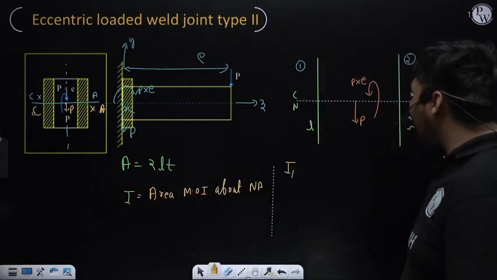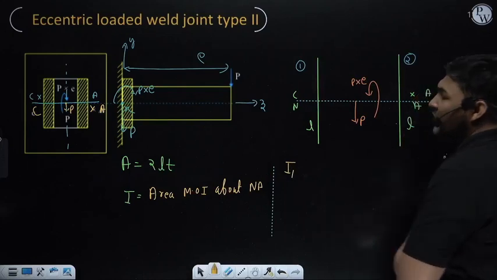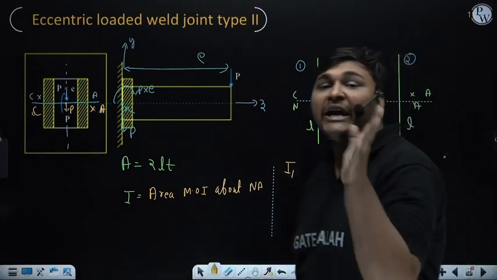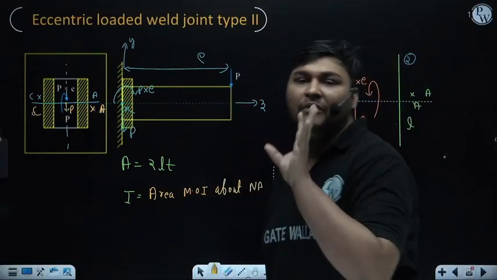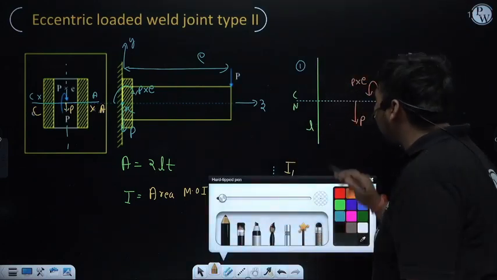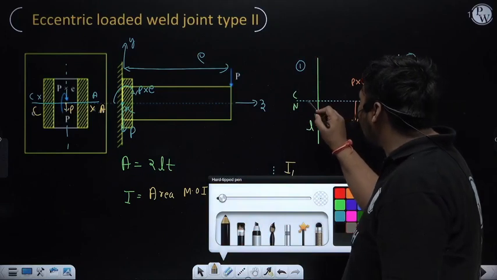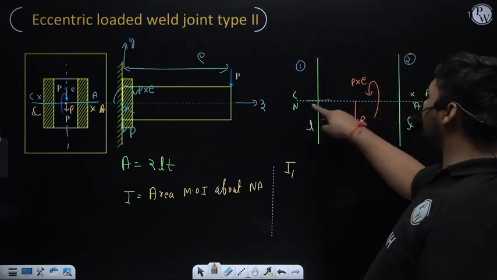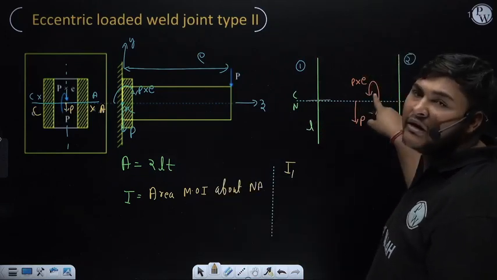So to calculate I for weld 1 about the neutral axis, first we will calculate I of weld 1 about the centroidal x-axis of weld 1. In this diagram, the centroidal x-axis of weld 1 will be the middle of weld 1, and right now it coincides with the neutral axis or centroidal x-axis of the whole weld.